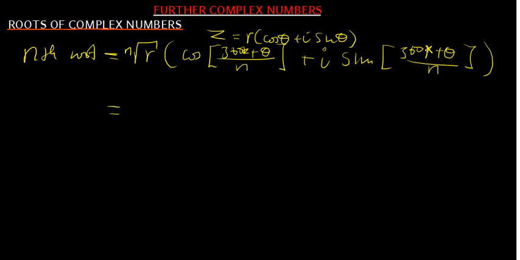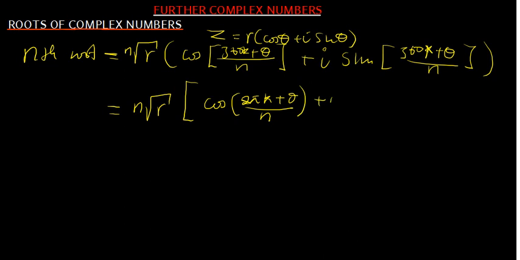But when we are working in radians, that will give you the nth root of r times cos, and 360 is the same as 2 pi. So that will be (2 pi k plus theta) divided by n, and then plus i sin of (2 pi k plus theta) divided by n. So this is how we work with this.